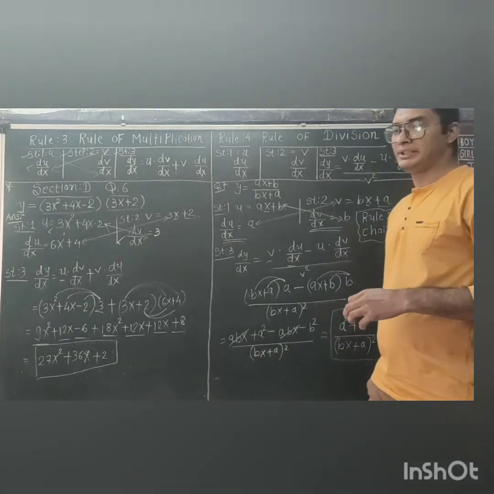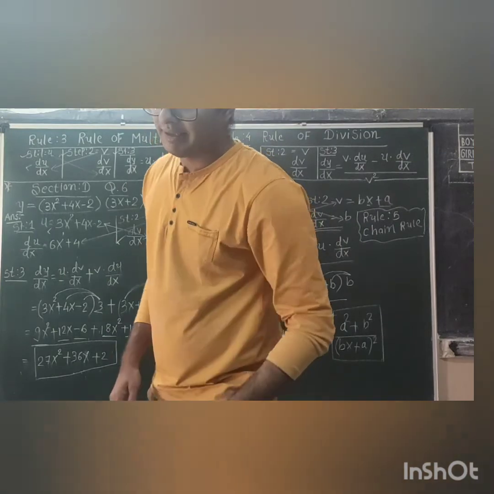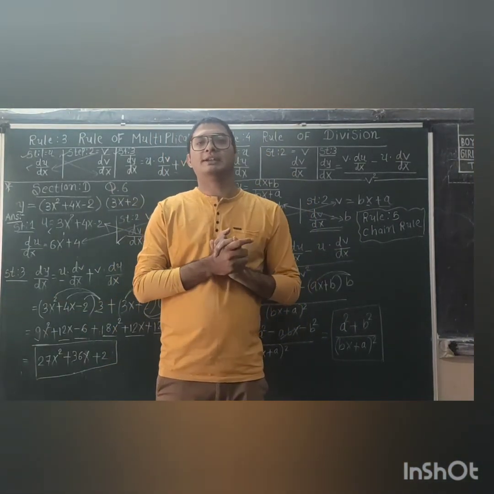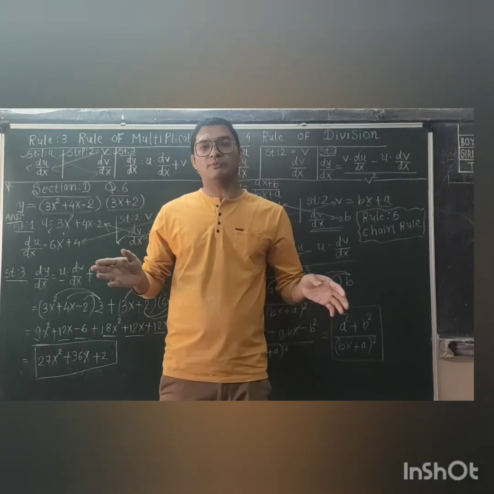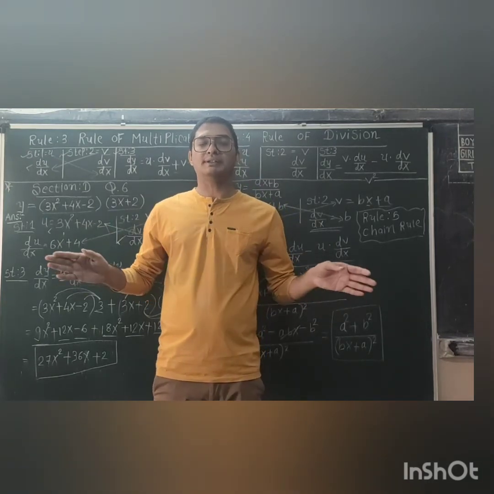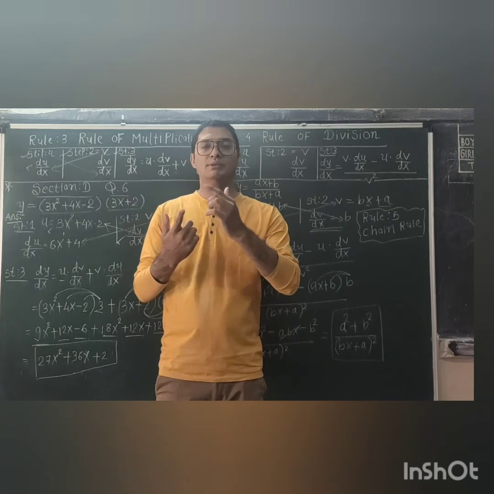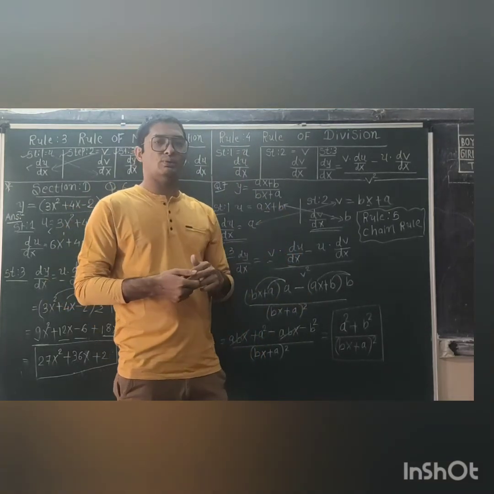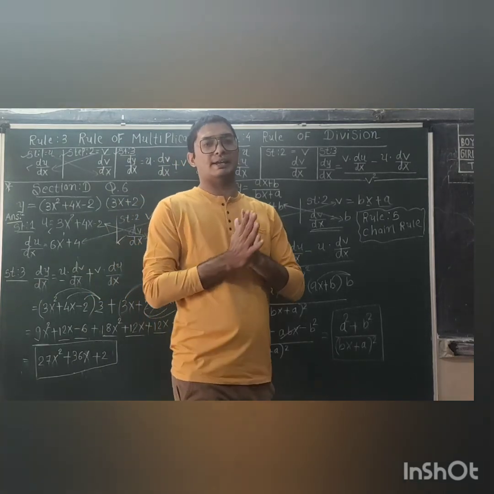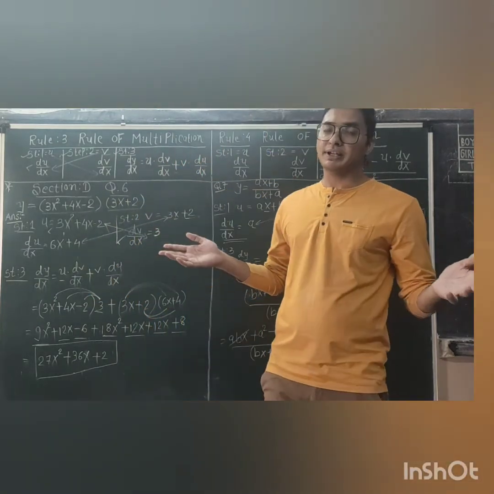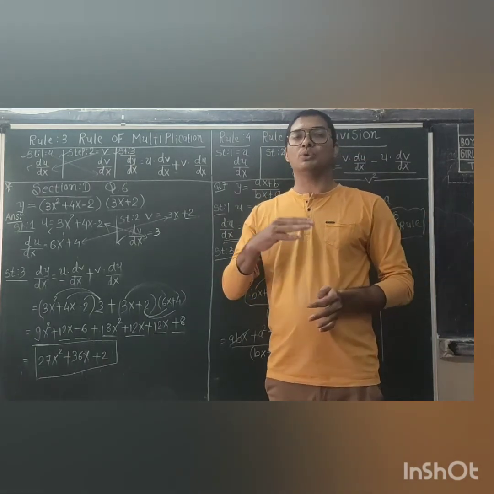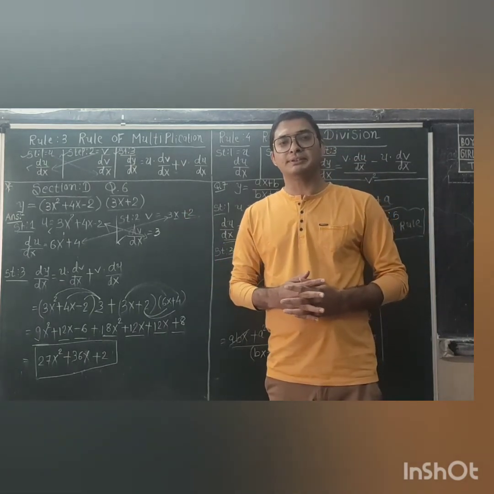But this rule has been removed from your syllabus this year, and that's why we are not discussing it. So rule number 1, the definition rule, and rule number 5, the chain rule, these two rules have been removed, so we will not discuss them. From the next class we are going further with rule number 6.